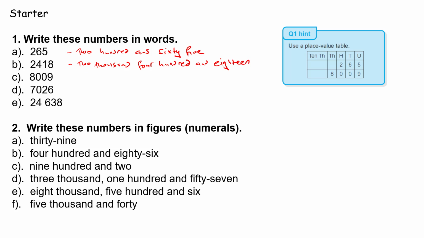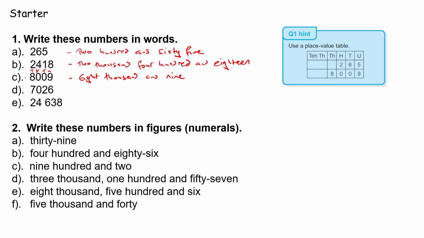Question number 3, what have we got there? Again, we've got 1,000, 100, tens and units. So we got 8,000. No hundreds, no tens, so it's just 8,009.